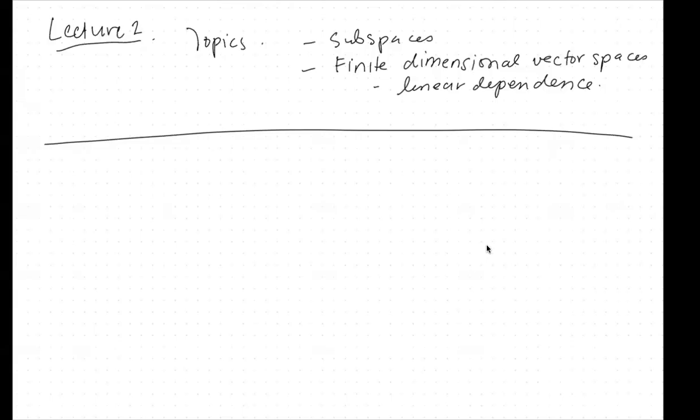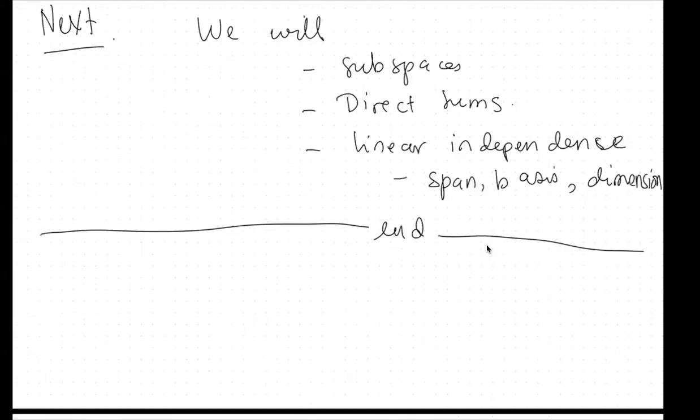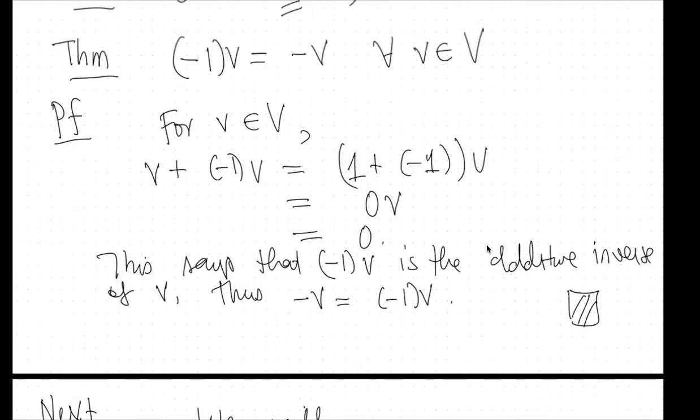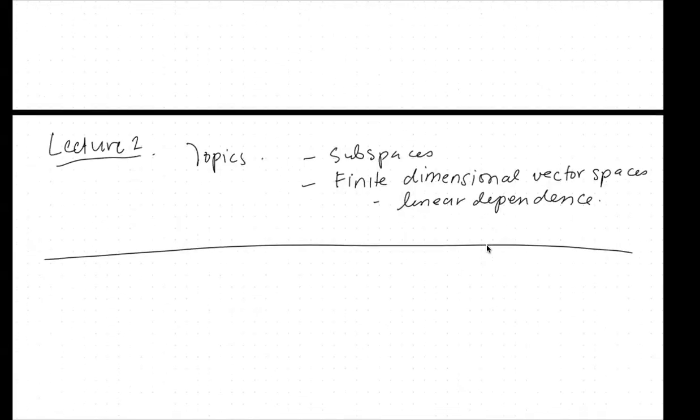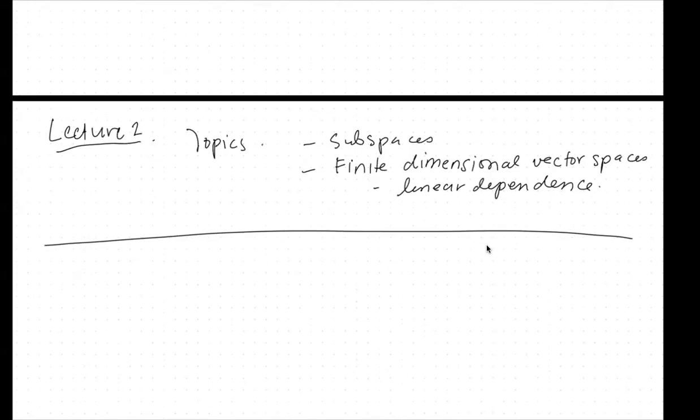Hello. So now let us have the second lecture of our linear algebra series. Last time we ended with the notion of some theorems on vector spaces. So now we will discuss the following topics.